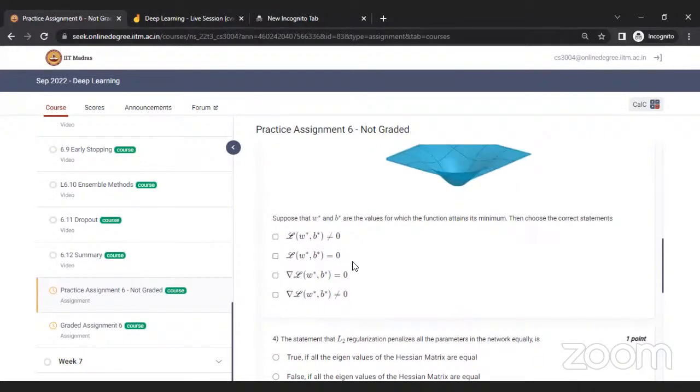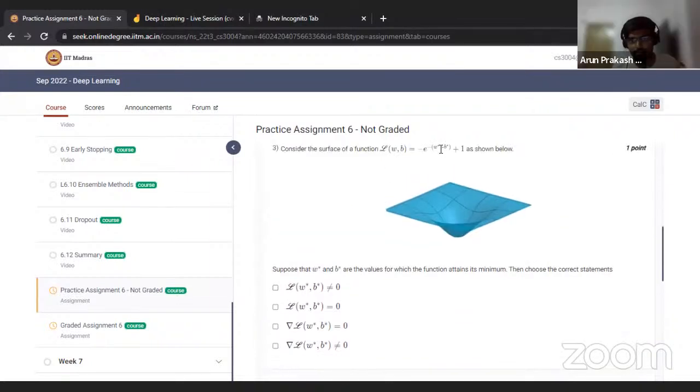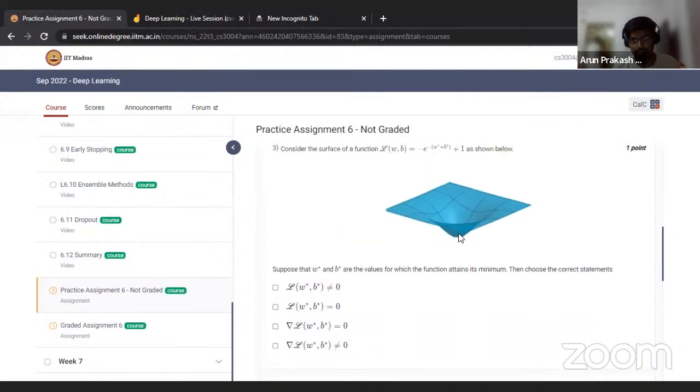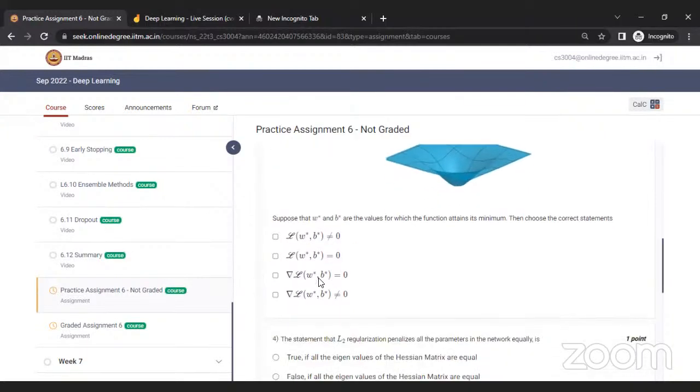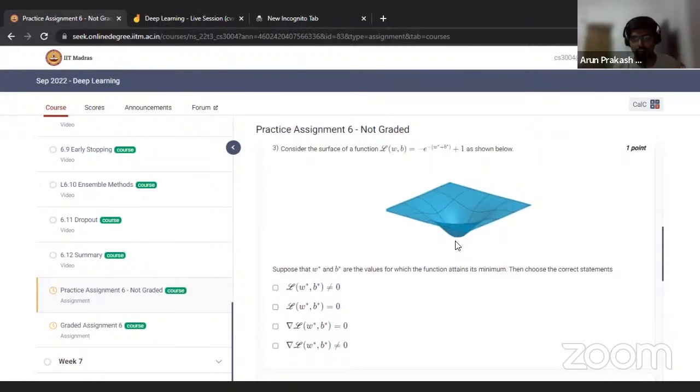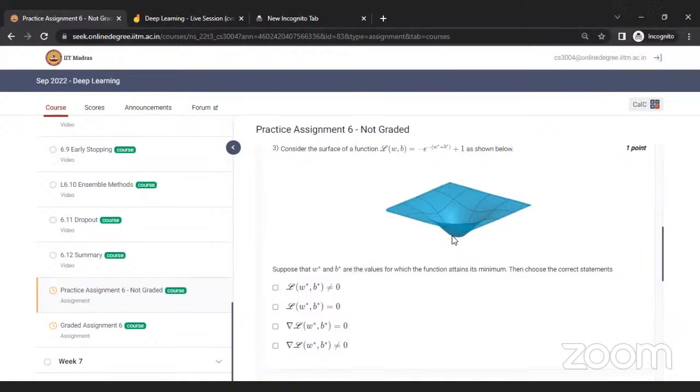Actually, for this function, if you substitute W star and B star, which one is the minimum here? If you look at this surface, or even if you take the derivative and set that equal to 0, you see W star and B star are going to be 0, 0 for this surface. Yes, sir.